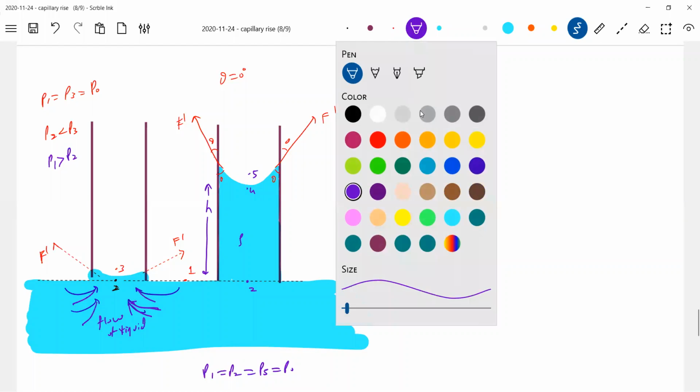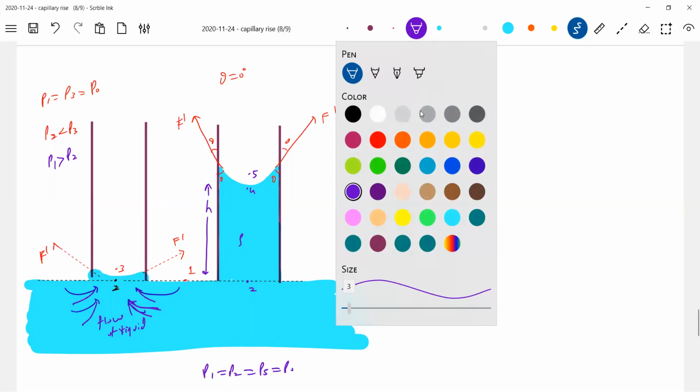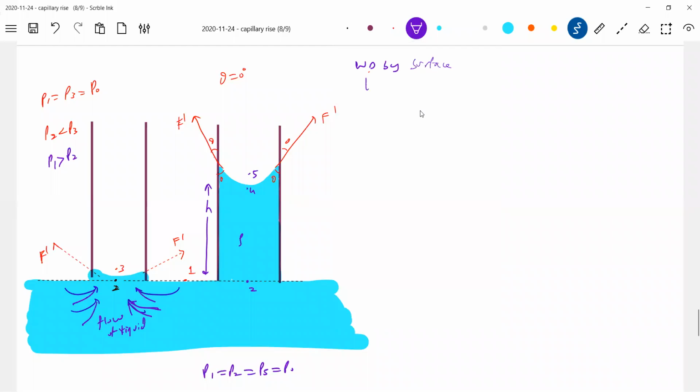Now there's a very important theoretical idea. Work done by the surface tension force in pulling the meniscus to height h. What shall I write here?